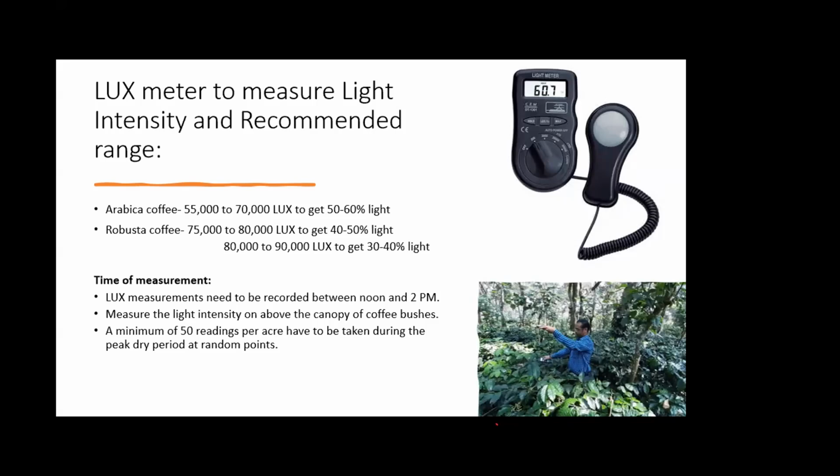So 50 readings you have to take, and you have to total them. If it comes to 55,000 to 70,000, you have to understand that our estate is having enough or optimum shade. If it comes to 75,000 to 80,000, you have to understand that our estate is having optimum shade.